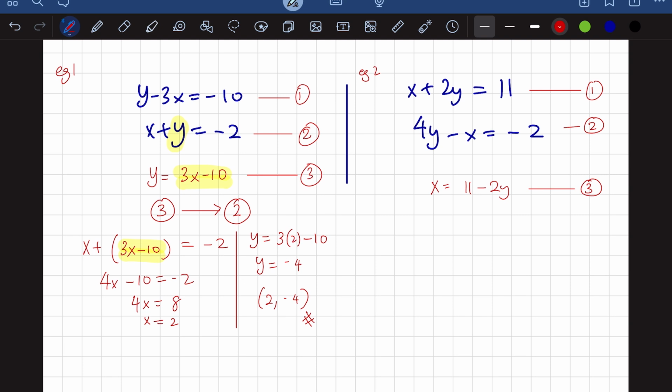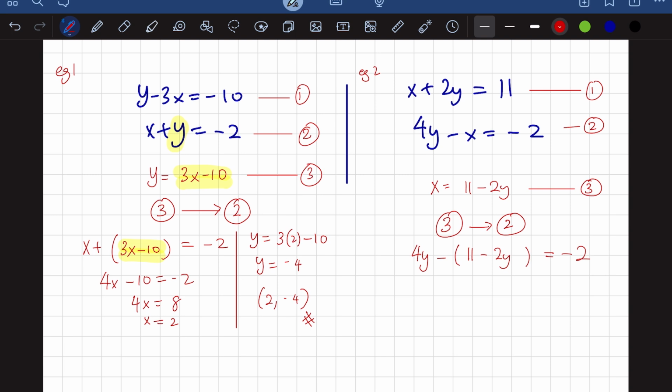Now, I'm going to substitute equation 3 into equation 2. So you'll notice that I will have 4y minus, and I'm going to put a bracket. It's very important to put a bracket, especially with the negative, because it multiplies through the bracket. So I'm going to replace it with 11 minus 2y, and that entire thing equals negative 2.